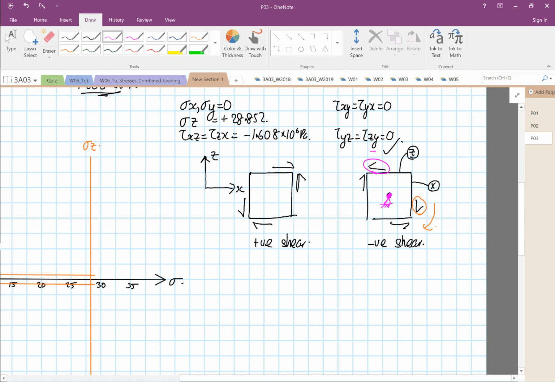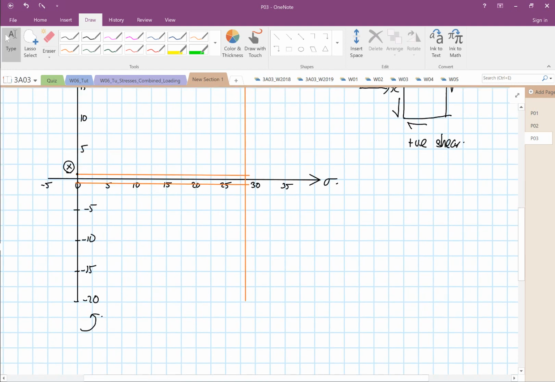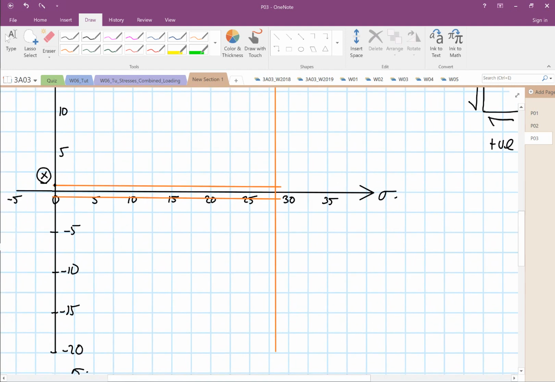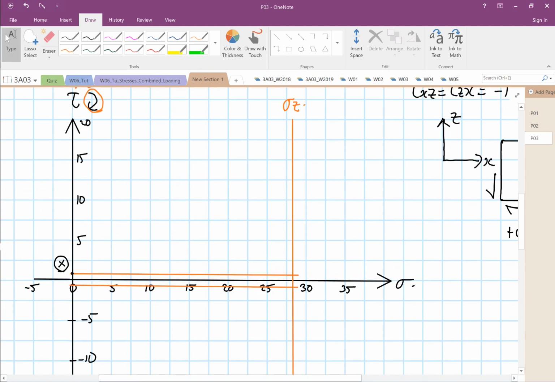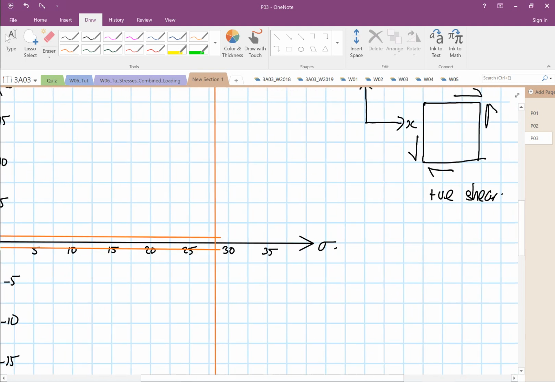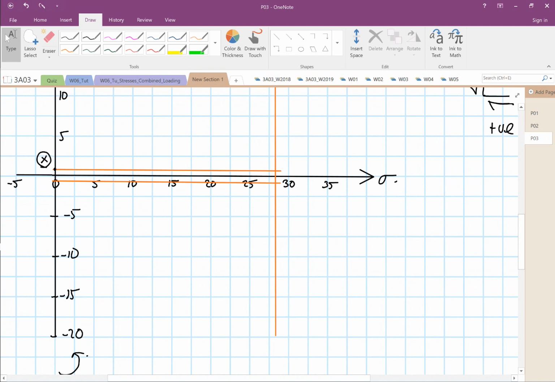When the element rotates due to the pink shear stress that I've just drawn, it will rotate in a clockwise direction. So clockwise is below. Anti-clockwise, okay, so this is your stress Y.